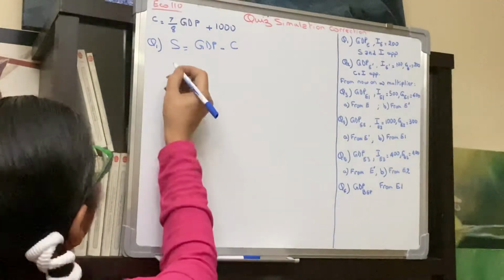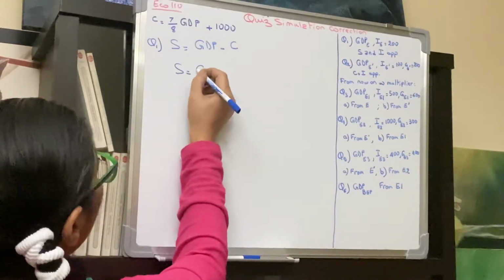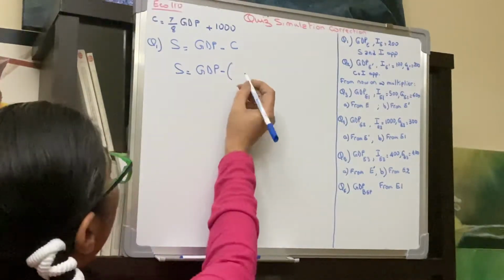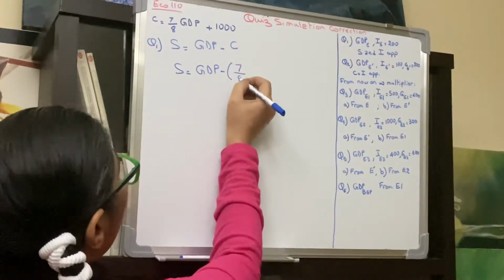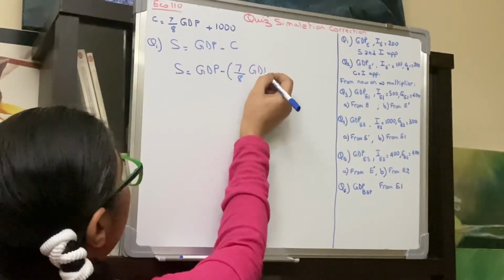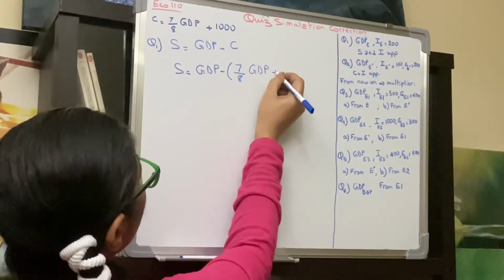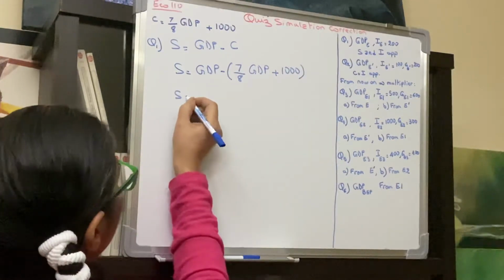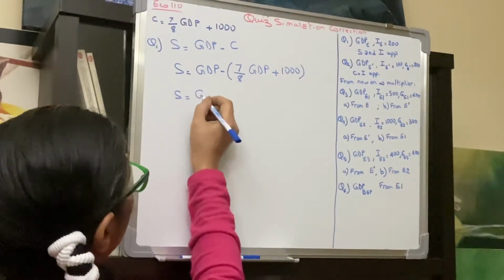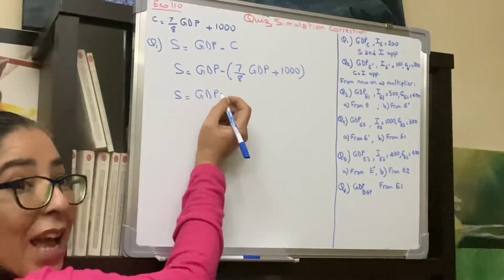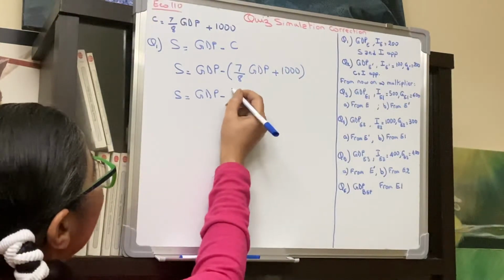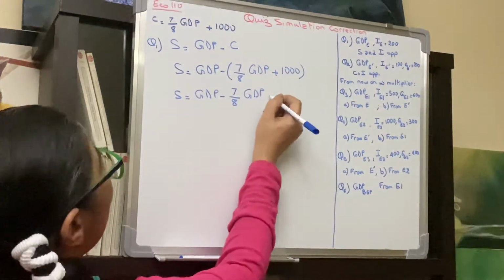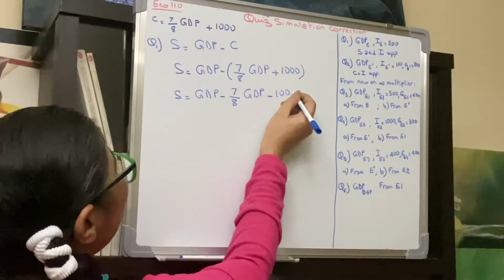Remember that? So S is equal to GDP minus, I open the parenthesis, 7/8 GDP plus 1,000. So S is equal to GDP minus 7/8 GDP minus 1,000.